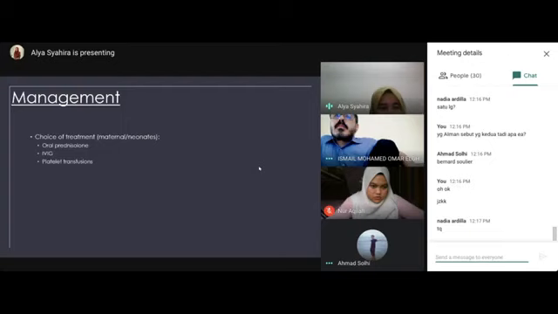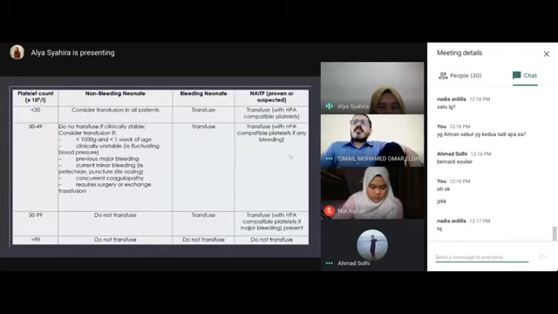So this is a summary of the indications for platelet transfusion. It is divided into non-bleeding neonate, bleeding neonate, and NAITP, which is neonatal alloimmune thrombocytopenia. For the non-bleeding, usually we do not transfuse unless the level is less than 30, which is very low.